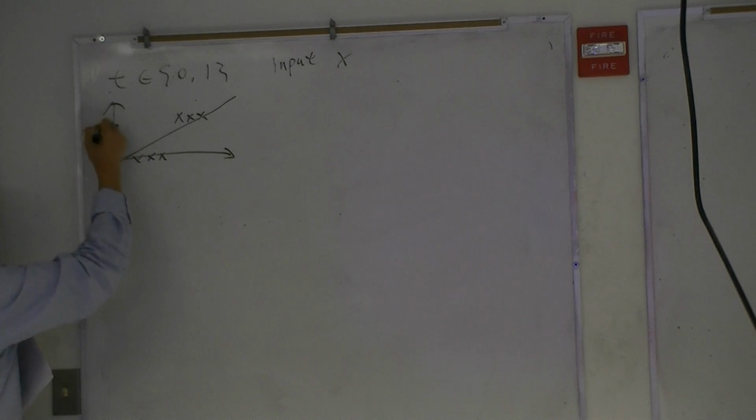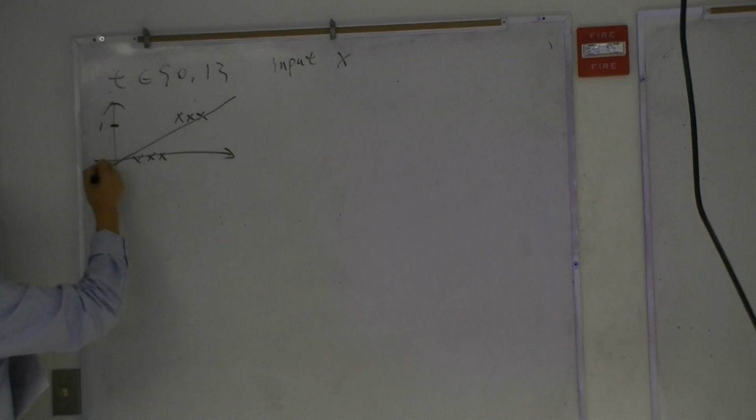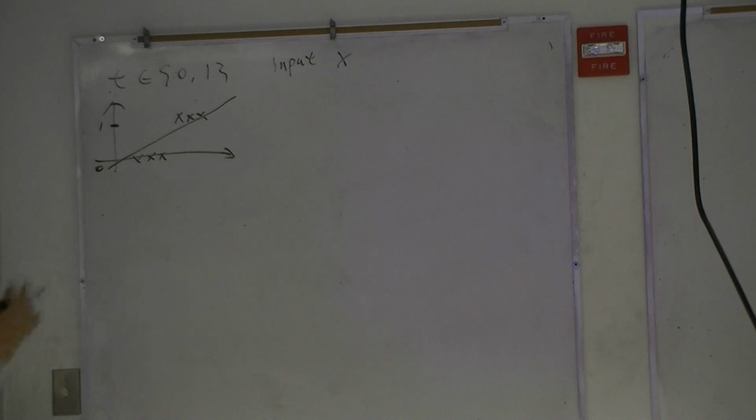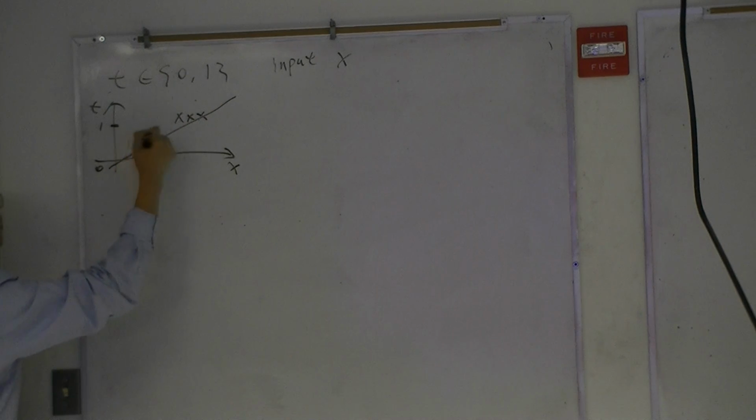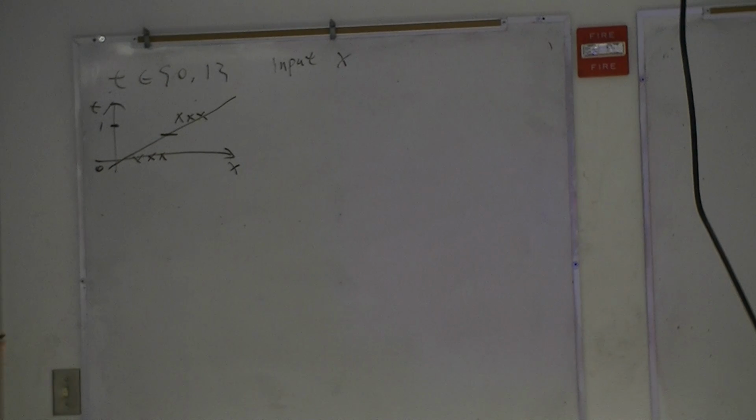For example, this is t equals 1, this is t equals 0, this is x, this is t. We can give a threshold point: above this point is classified as 1, below this point is classified as 0.